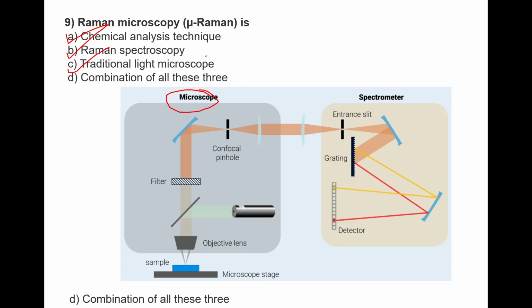This is the Raman spectroscopy part, and this is the traditional microscope. So all three options are correct. Sorry, I said that option A is correct, but no, the combination of all of these is Raman microscopy. So option D is the correct option here. Okay, for question 9.